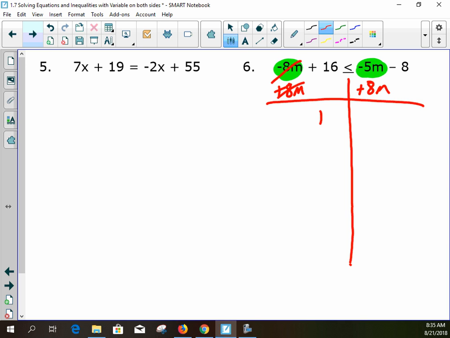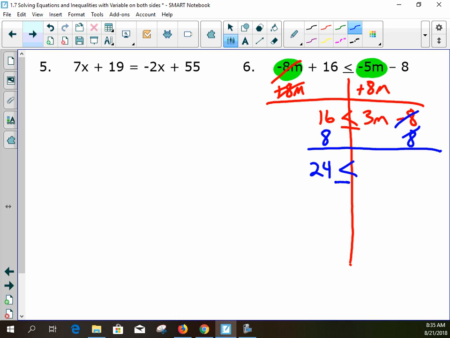This cancels out, leaving me 16 is less than or equal to 3m minus 8. So now I add 8 to both sides. 24 is less than or equal to 3m. Now I divide both sides by 3. 8 is less than or equal to m.